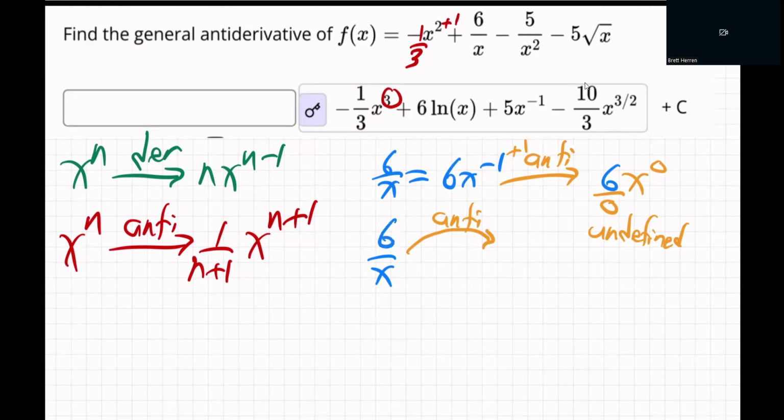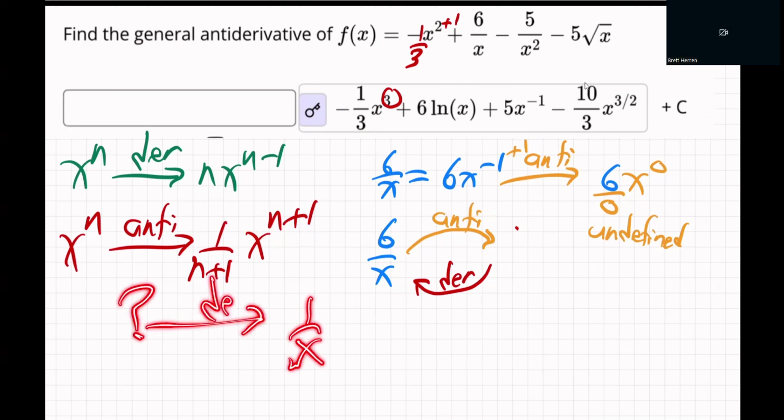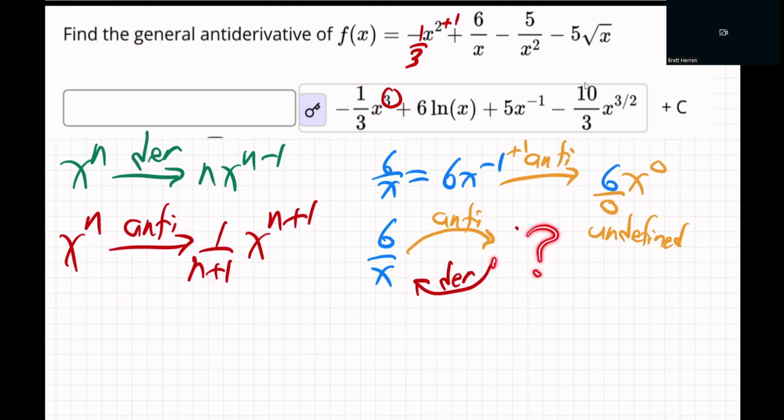What's the anti? Well, we just tried the rule. It didn't work. So now we just need to think. Do you know of any function whose derivative will go back to that? What function do you know that has a derivative 1 over x? Let me put it here. What has a derivative that's 1 over x? Let's get rid of the 6 for a minute.